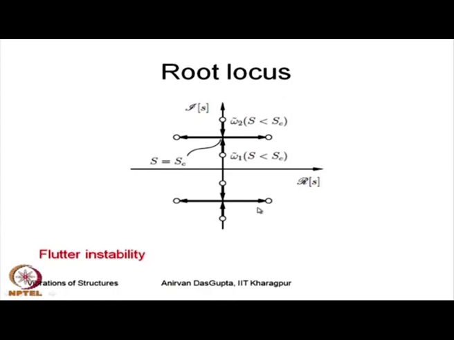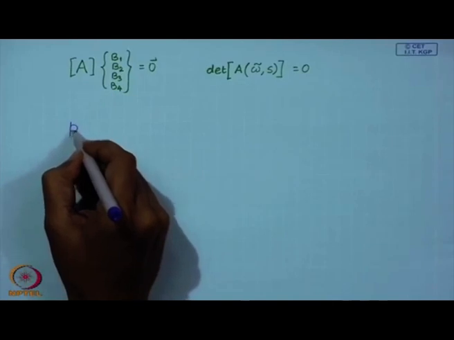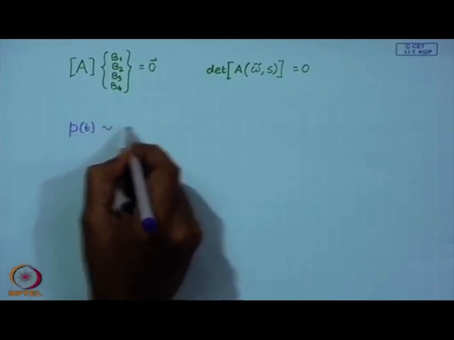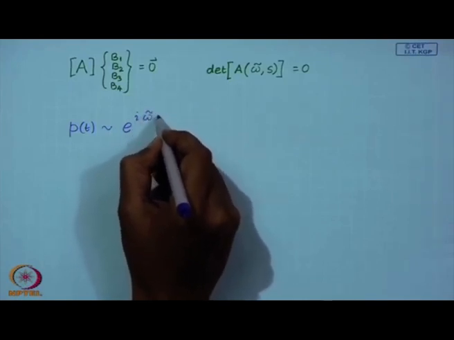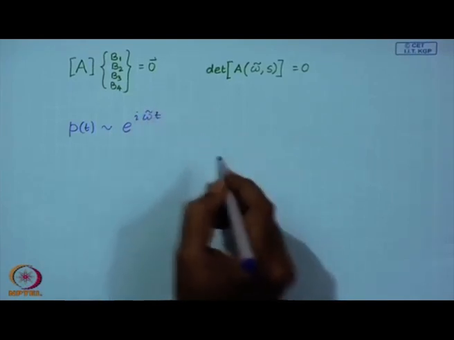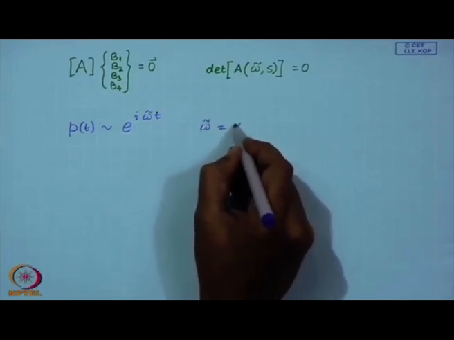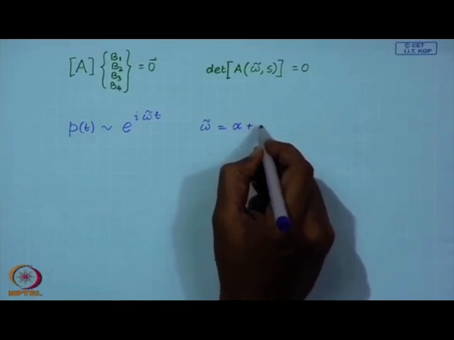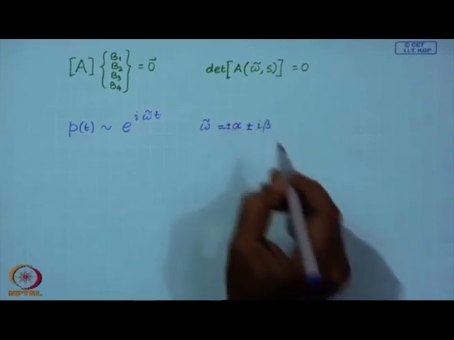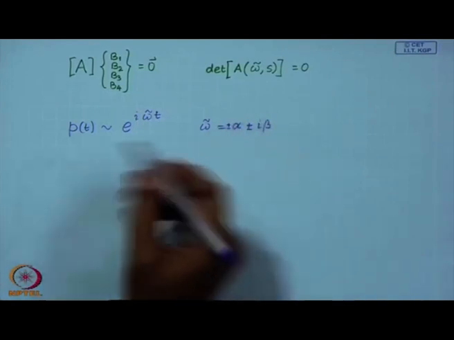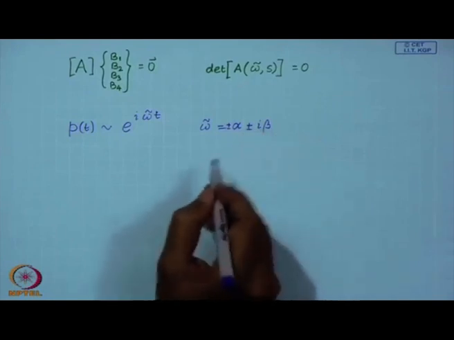Now, therefore, you have solutions like these. If omega becomes complex, as you have seen in the root locus, you have both plus or minus alpha plus or minus i beta.